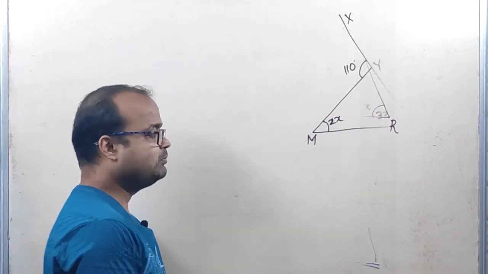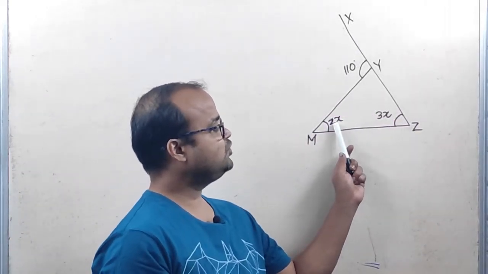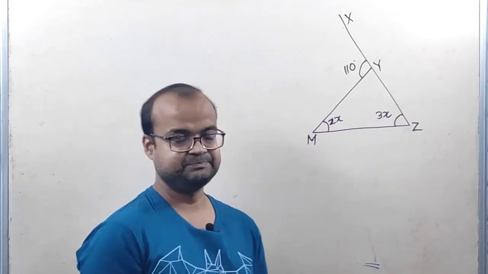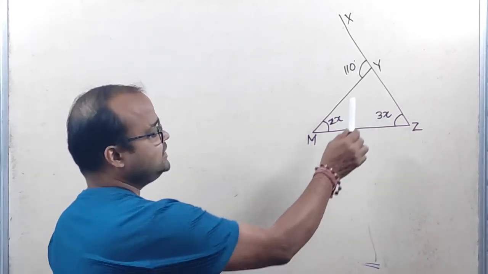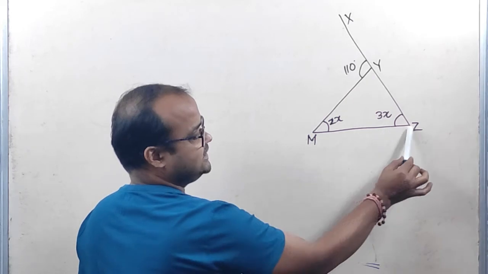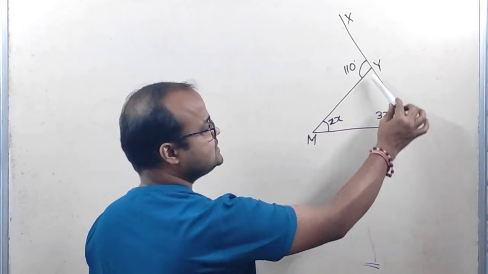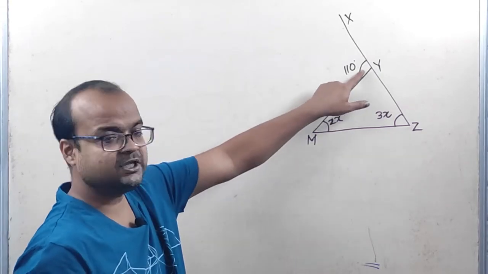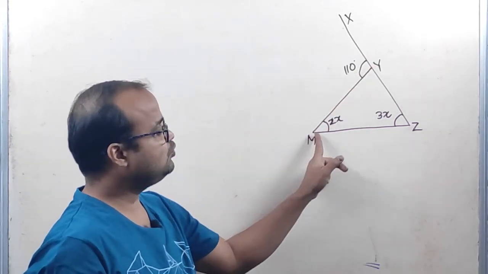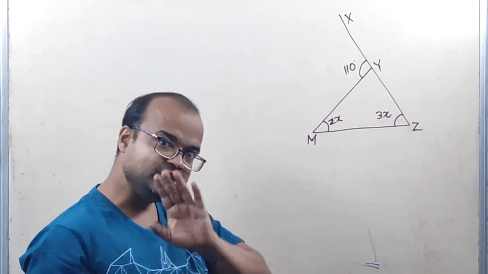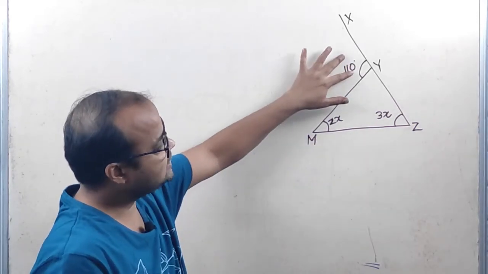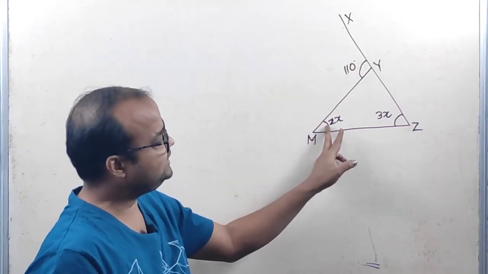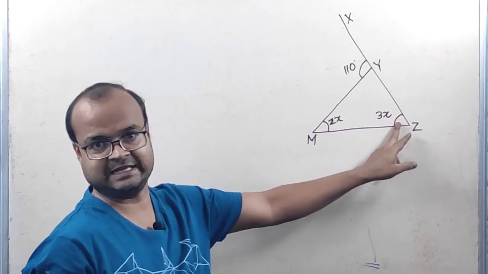Now in this problem we need to find the values of 2x and 3x. Look at the triangle YMZ. If you extend the side YZ to the point X, then this is the external angle of the triangle YMZ, and we know that the external angle is equal to the sum of the internal opposite angles.